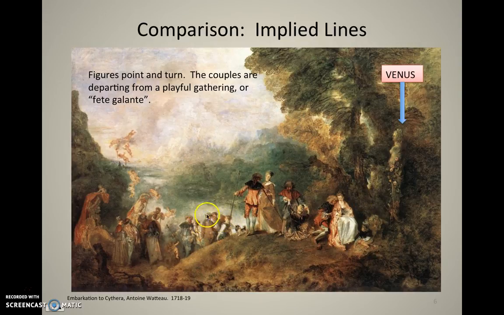You can even see the color shift between this fairy tale kind of island side of the painting, and then the line carries us down and across and off to the boat where they're getting ready to go back to sail, almost like sailing back to reality on this side of the painting. So look for implied lines and how they tell the story in a work of art.